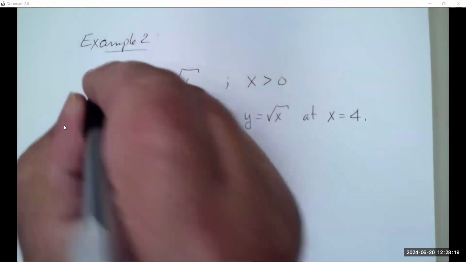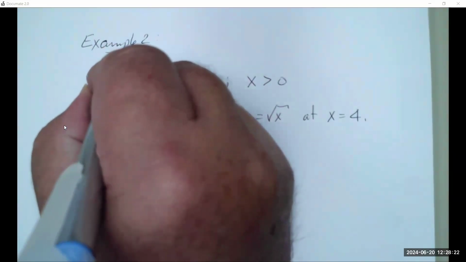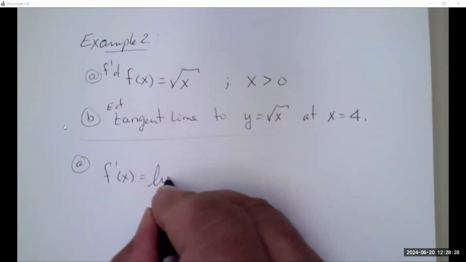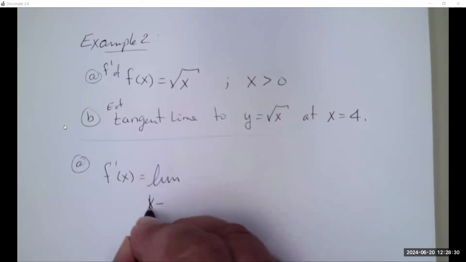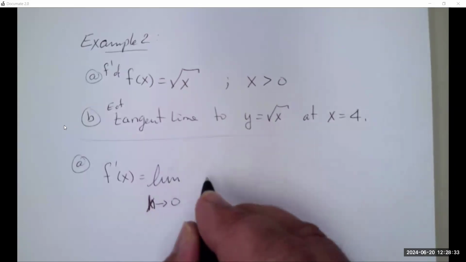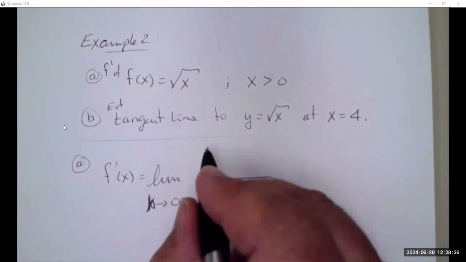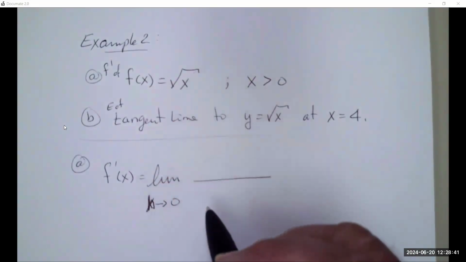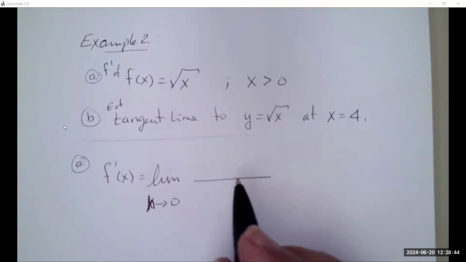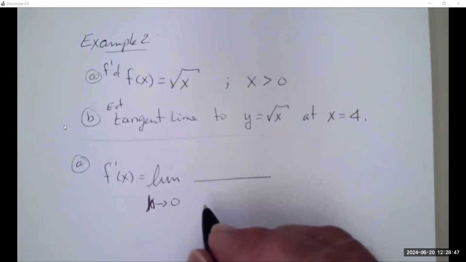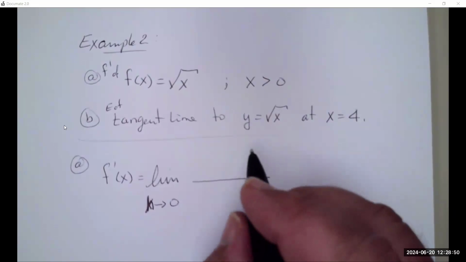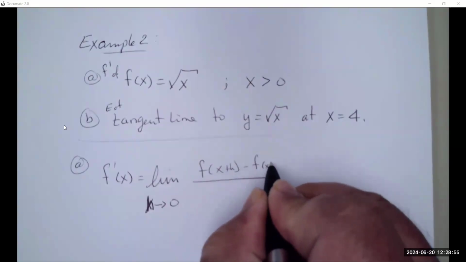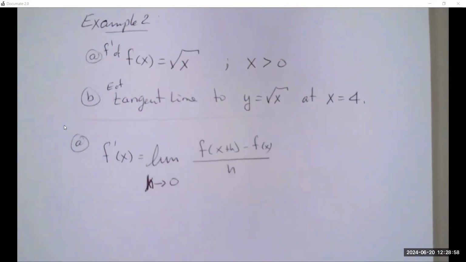it says I want the derivative. So f prime of x is equal to the limit as h approaches 0 of f of x plus h minus f of x over h.